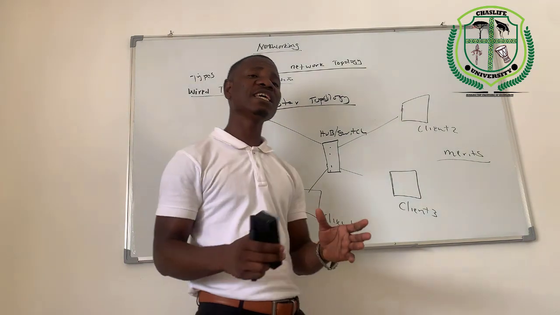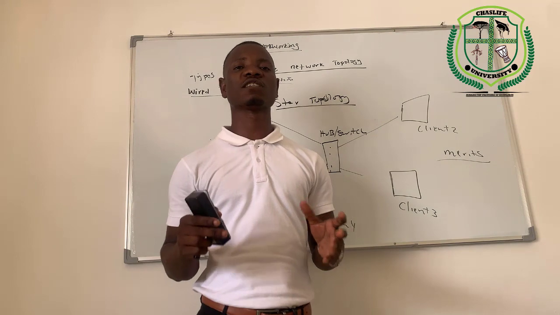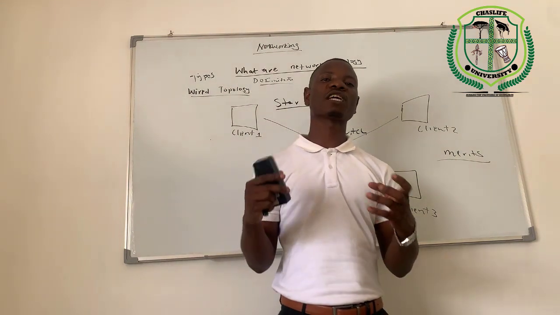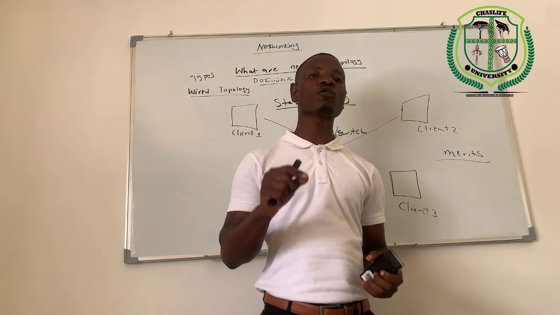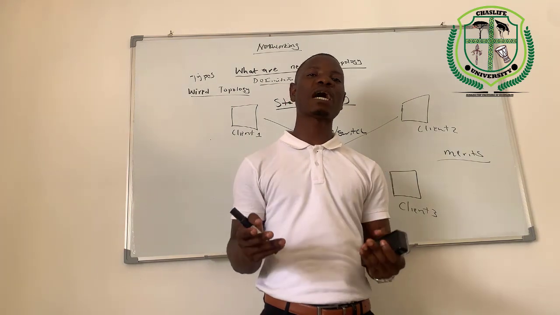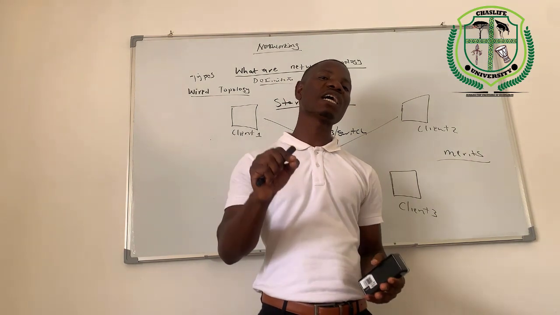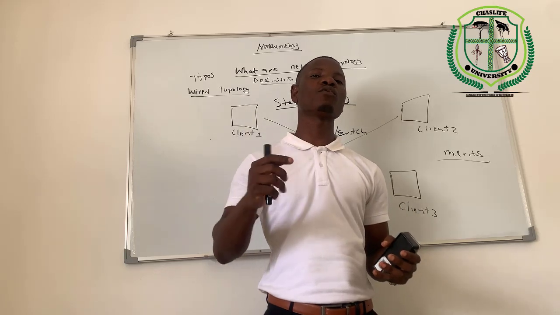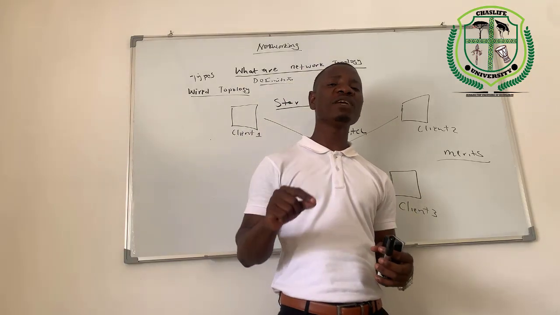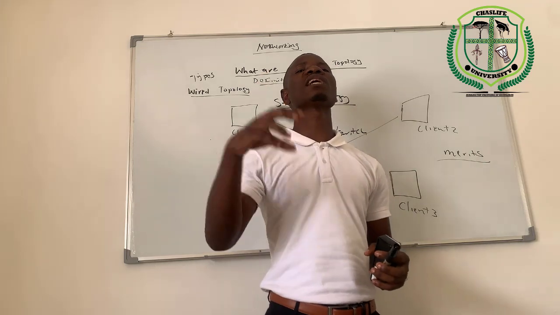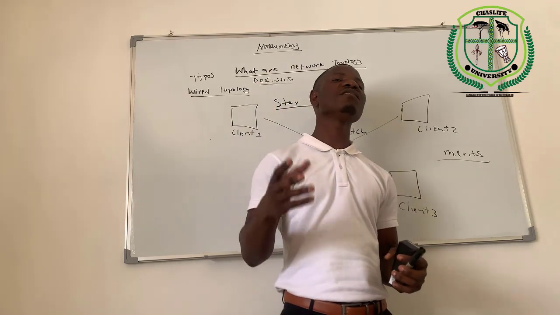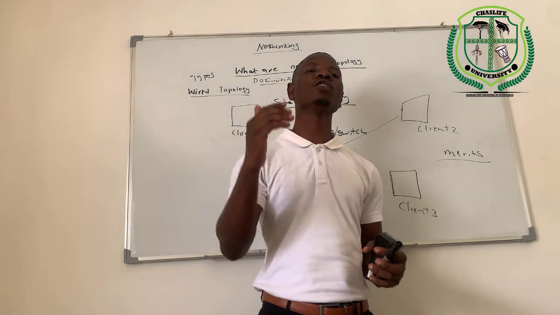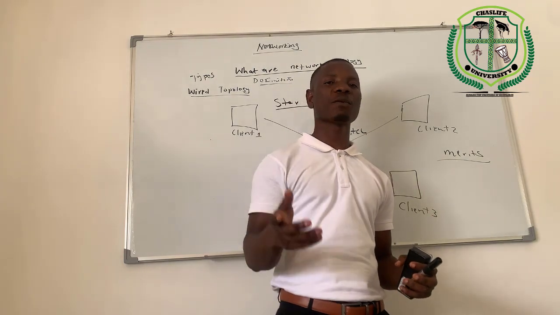Now, the disadvantage of a star topology is that it depends on the hub or the switch. The moment the hub or the switch is interrupted, even the other 4 computers that are connected to the network will be interrupted.